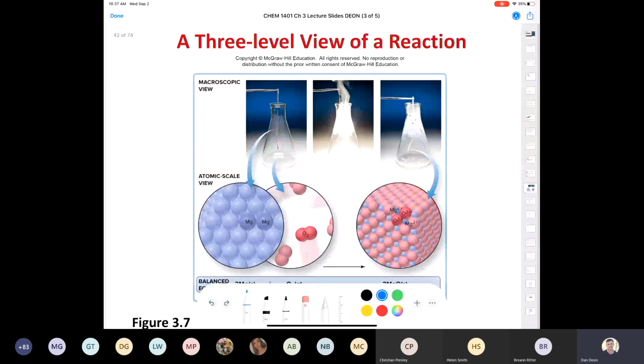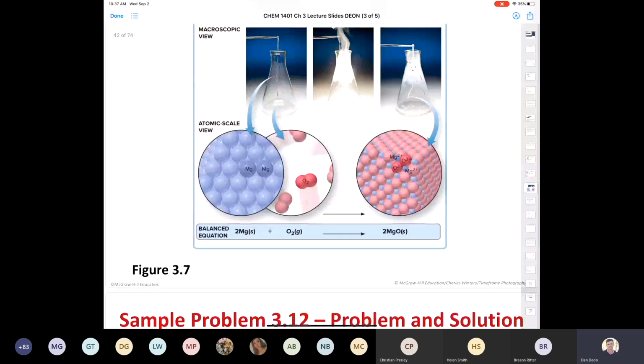But if you look at the microscopic level here, what is going on? We have our magnesium metal, where we have all of our magnesium atoms closely associated with each other. We have our oxygen atoms, and oxygen is a diatomic element. Remember Brinkelhoff or Have No Fear of Ice Cold Beer, and that's why oxygen exists as O2 gas when it's by itself.